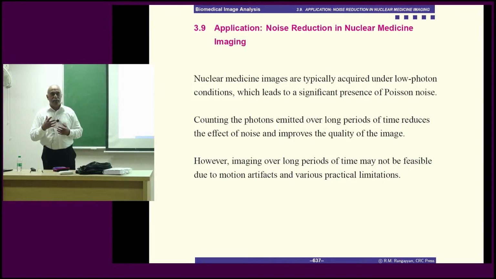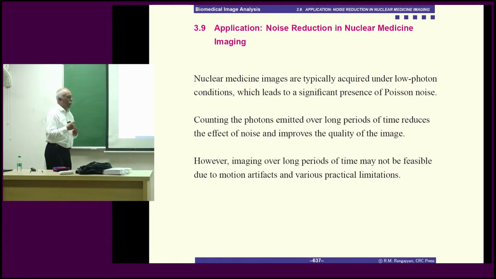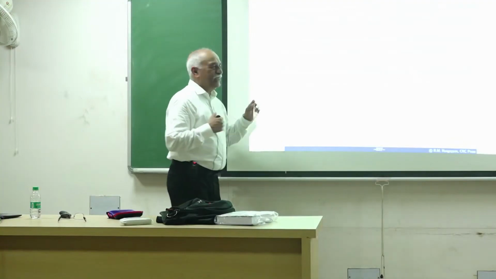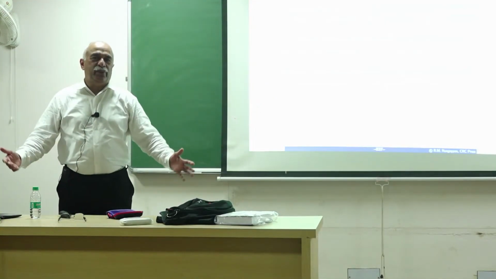For a number of hours after that, the patient will still be emitting gamma ray photons. It'll take some time for that to be excreted. Counting photons emitted over long periods of time reduces the effect of noise and improves the quality, but imaging over long periods may not be feasible due to motion artifacts. And also the patient won't sit there for 2 hours.